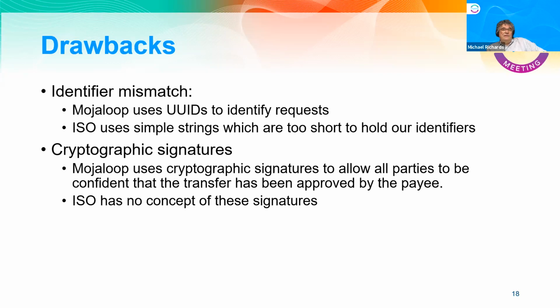Another example, as I think I mentioned earlier on, is the situation where we have a single identifier type and identifier value structure that we use for all types of identifier, whereas in ISO, different types of identifier are distributed across various parts of the message.